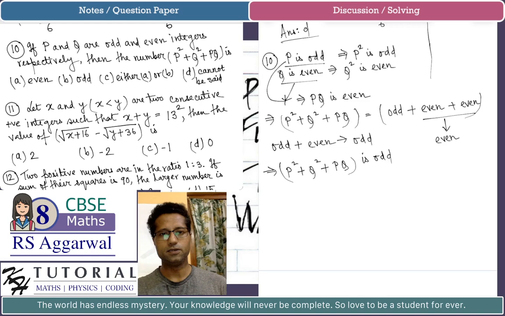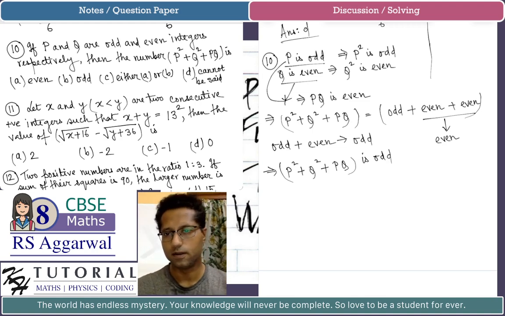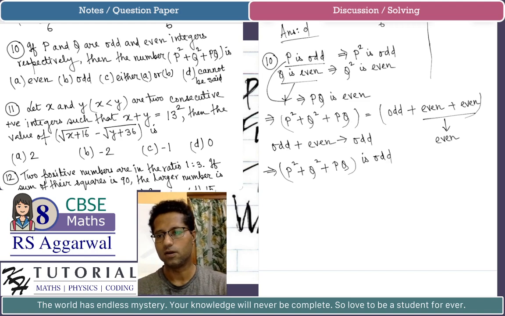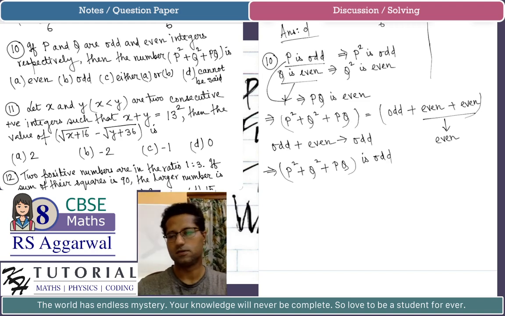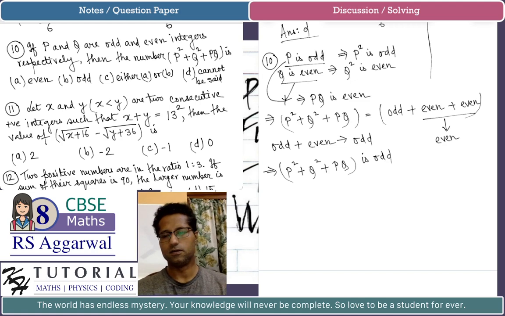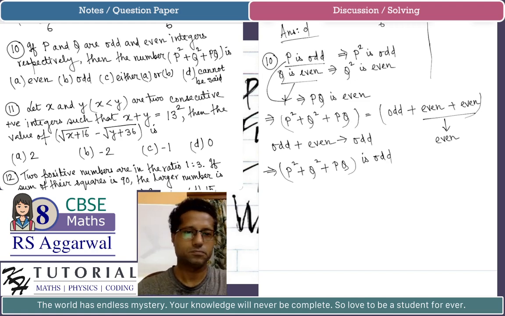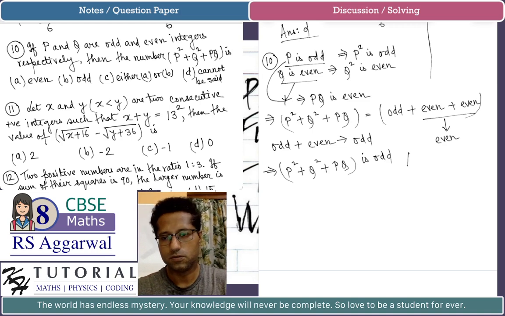Q is an even integer, so q square will be even, and pq, a product of an odd integer and an even integer, is always even. So we have the sum of odd, even, and even. The sum of two evens is even, and the sum of an odd and an even is odd. So finally p square plus q square plus pq is an odd integer. So the answer is choice B.